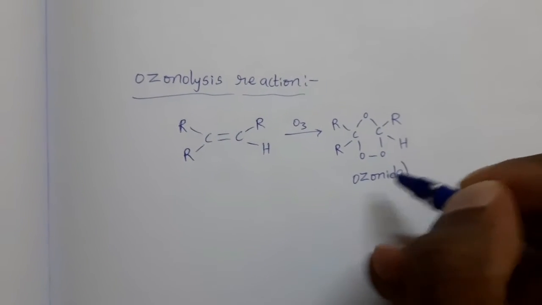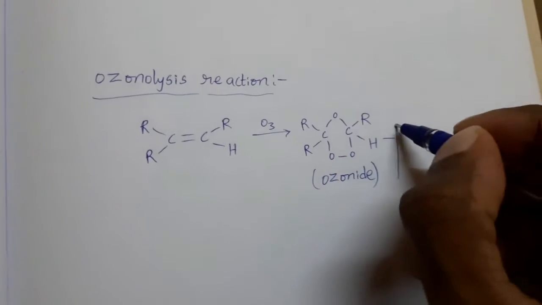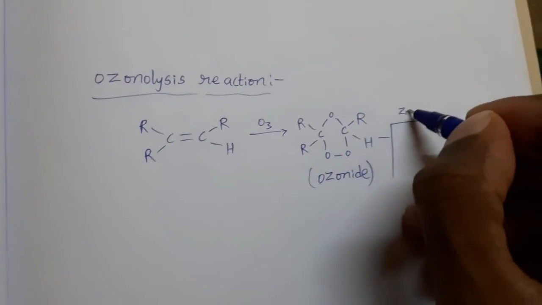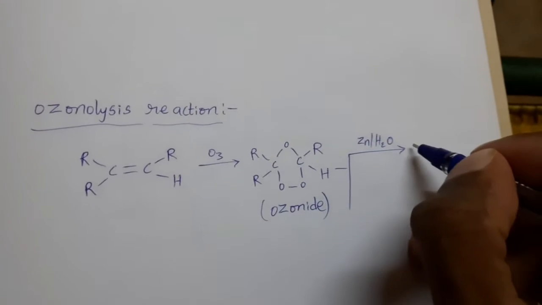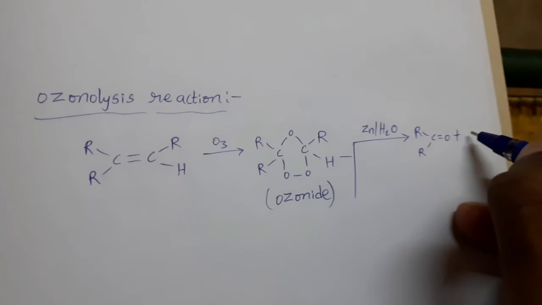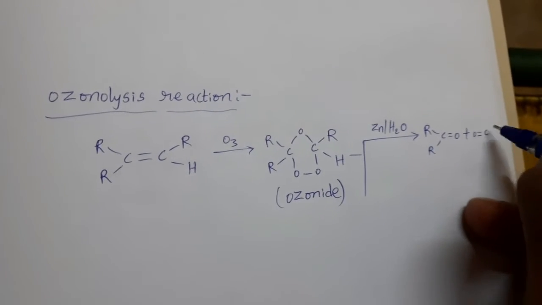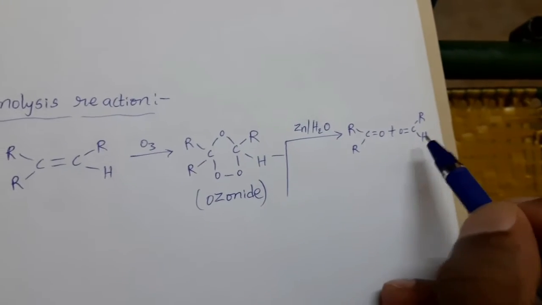This ozonide is treated with zinc and water. Then we can get ketone plus aldehyde. This is ketone, this is aldehyde.